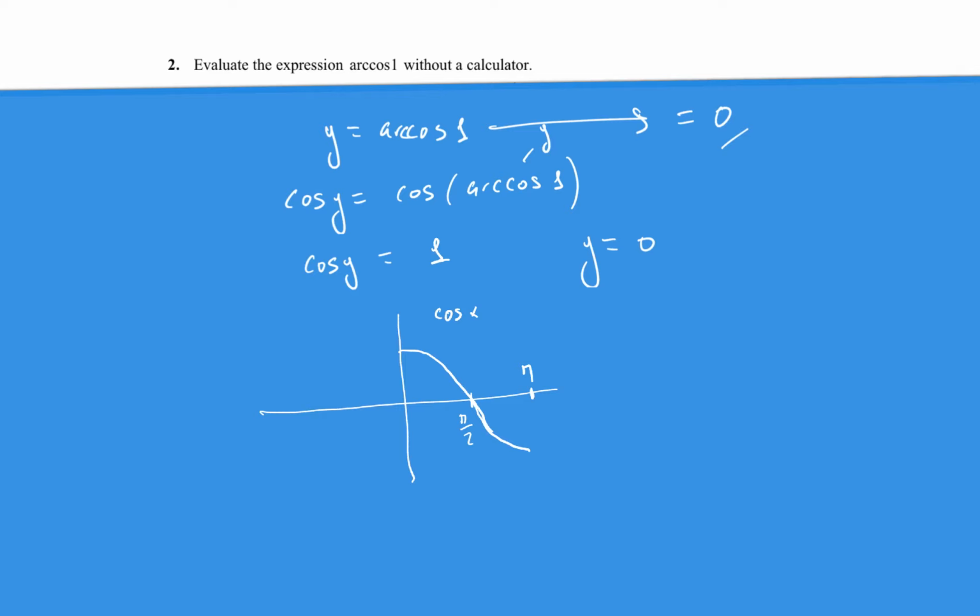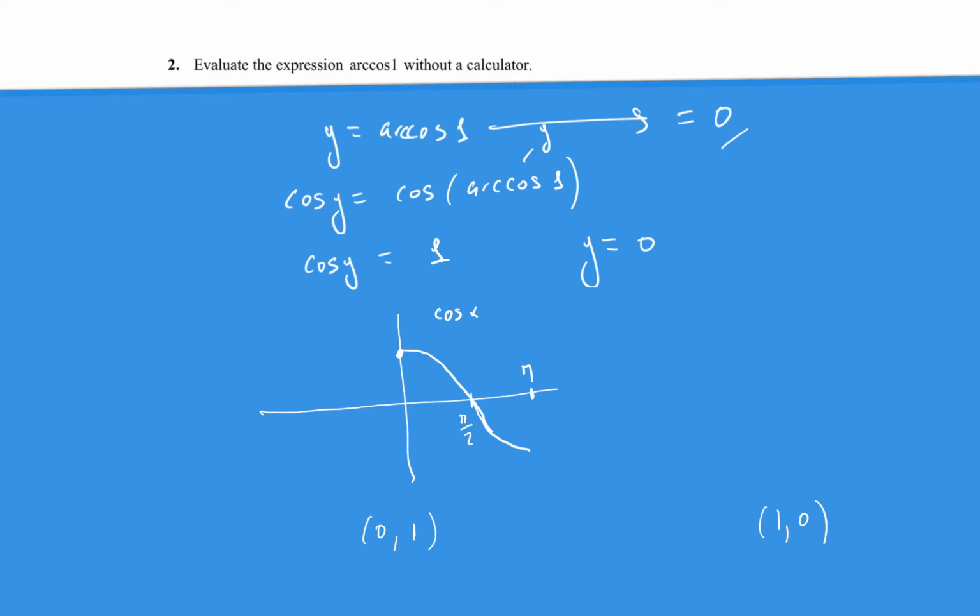So the points that I have here: I have the point 0, 1. So the point 1, 0 should appear in the graph of the inverse function.